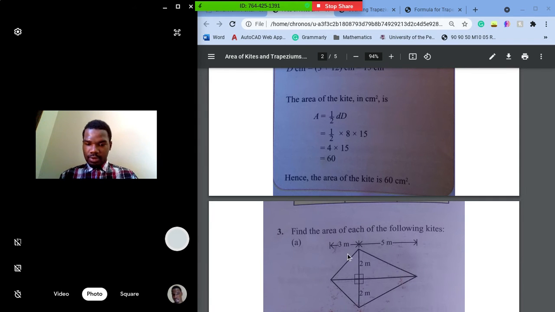You have 2 plus 2, which will give you 4 meters, correct? And then you have 5 plus 3, which will give you 8 meters. So therefore, big D is equal to 8 meters, and small d is going to be equal to 4. So you're going to put now 4 times 8 times 1 divided by 2.